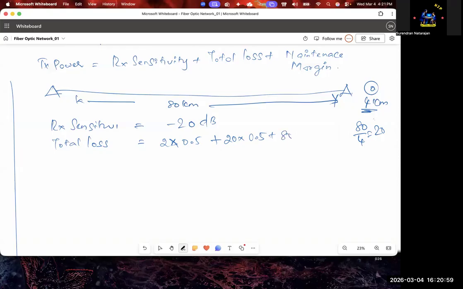For the 80 kilometers, the attenuation is 0.25 dB per kilometer. So this is 1 plus 10, correct? Plus 80 into 0.25. One doubt is that 0.25, can you tell one time?